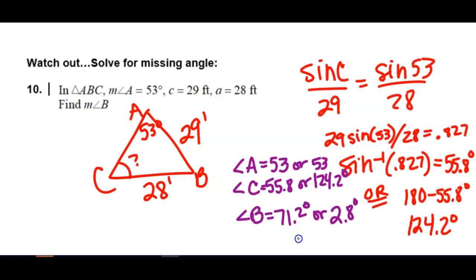Now, every year I have students who decide, oh, that's too tiny, I'm going to throw it out. But it's not, okay? It is possible, and that's all that it asks. What is it possible that angle B could be? Be a really funny looking triangle, but it's possible. All right, that's law of cosines.